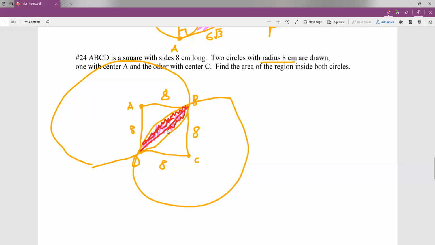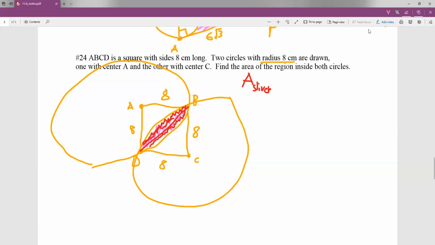I'm going to find this sliver here for circle A. So I'm going to do it like this. So A sliver, that's the sliver for A. And I'm going to do C sliver over here.